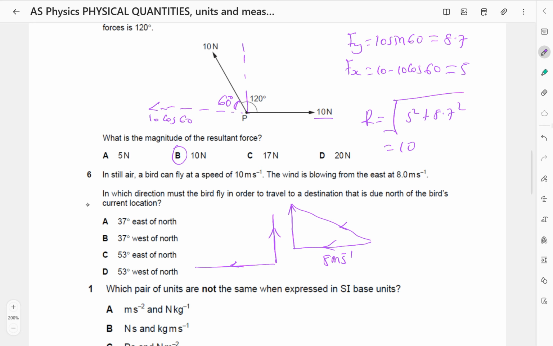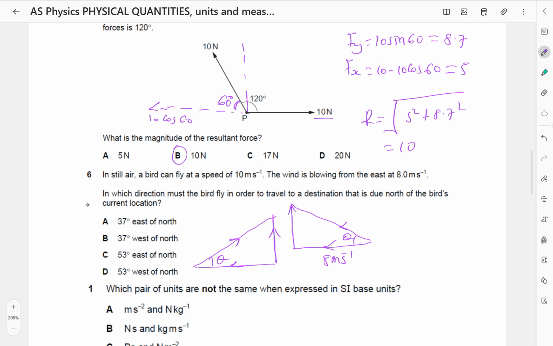So if the wind is blowing, there's no way the bird will fly due north unless it is flying at that angle there. So this angle here ought to be the same as that one there.